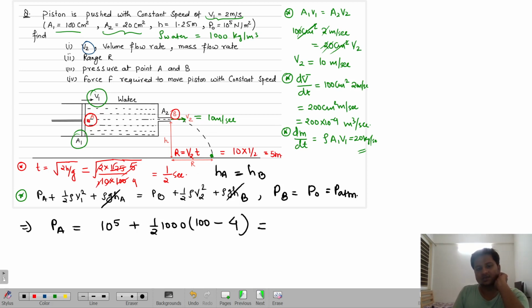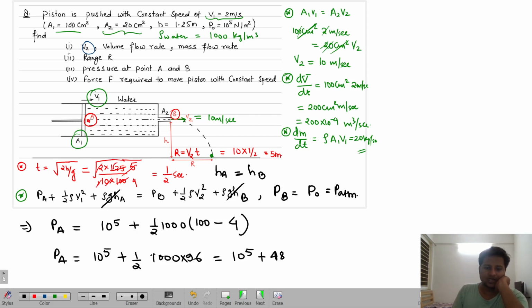So that is 10 to the power of 5 plus, you just solve it, half 1000 into 96. So this answer will come as, I'm directly writing you the answer, this is a very big equation, 10 to the power of 5, and they have directly written 48 into 10 to the power of 3 Newton per meter square.